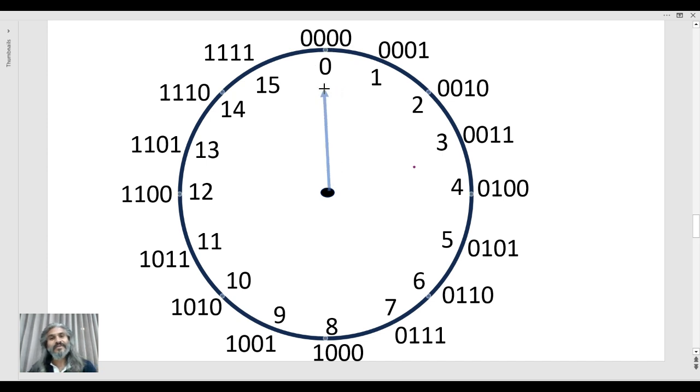So if we just have 4 bits, then we can represent numbers from 0 to 15, and their binary equivalents are given over here, all zeros and then all ones. We can choose whichever way of representing the numbers, but this is one easy way.